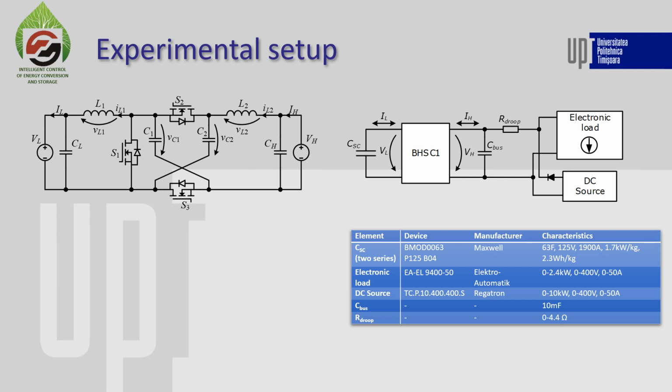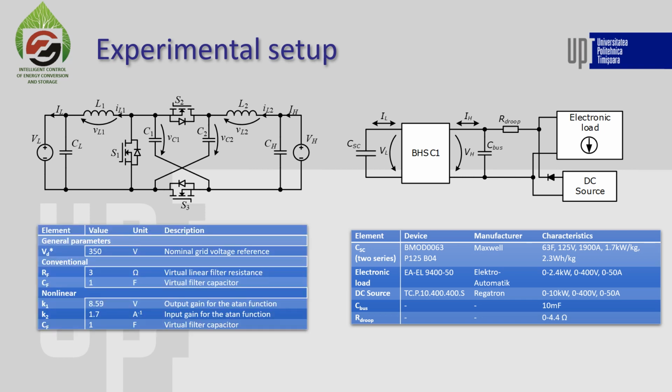The experiments are performed in a similar way, using the same converter and the same experimental setup, but a different control strategy, with the parameters described in this table. Here we have the voltage on the DC bus of 350 volts and the virtual impedance composed of a virtual resistor of 3 ohms and a virtual capacitor of 1 farad.